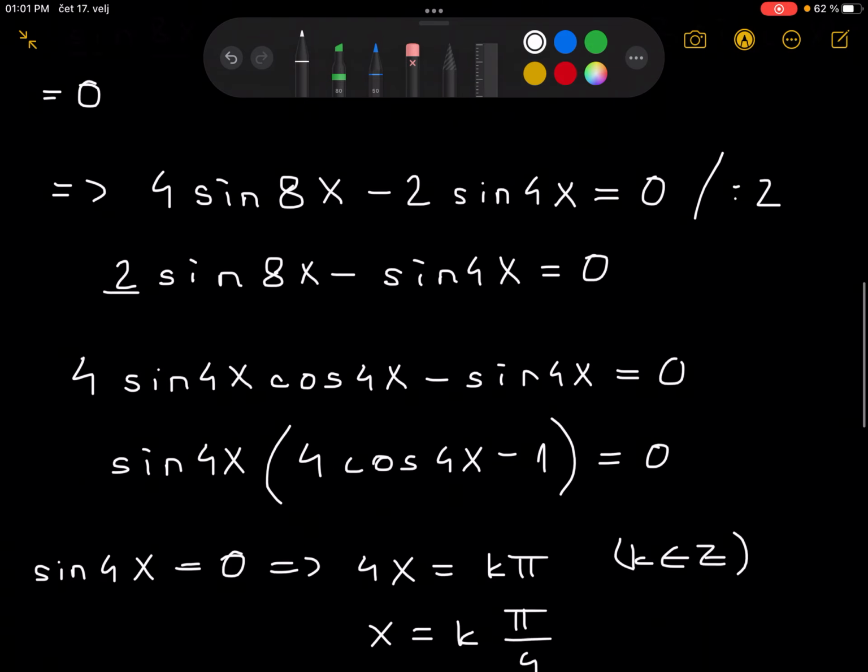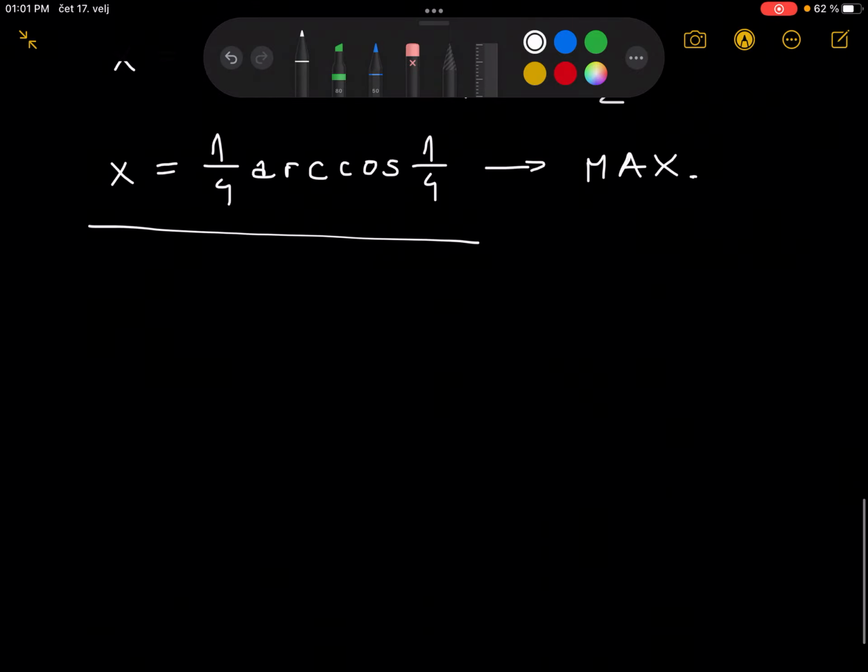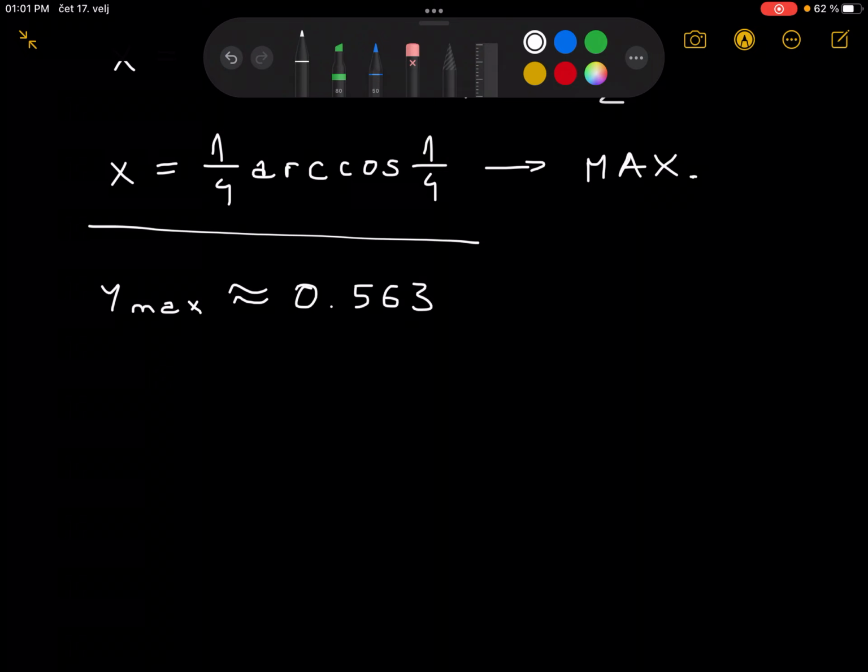So when you do that, you'll get that the maximum value is approximately 0.563, and that's the global maximum.